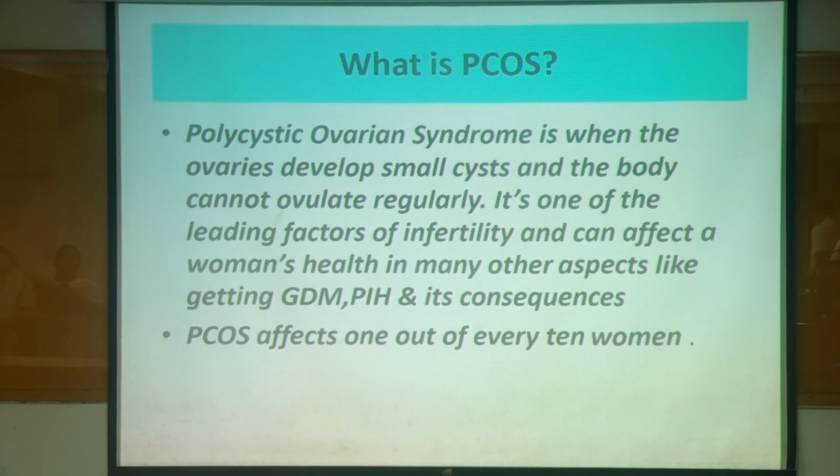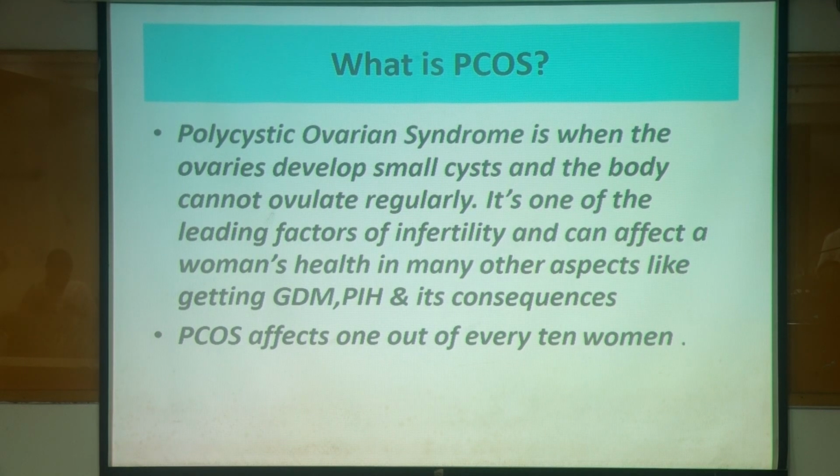And not only that, the fertility is mainly affected. The exact cause is not known, but we can say two causes mainly, maybe genetic. She might have got it from a mother, or disrupted signals from the brain to the ovaries affect the hormone production. That is, this is nothing but a marker of insulin resistance.